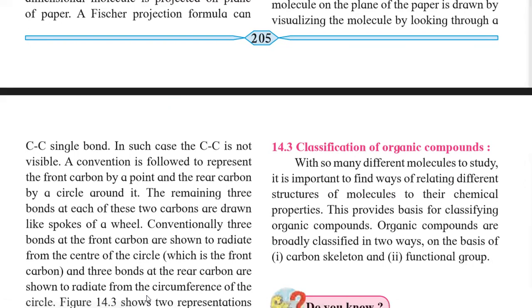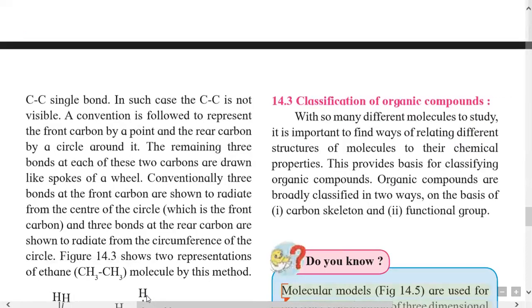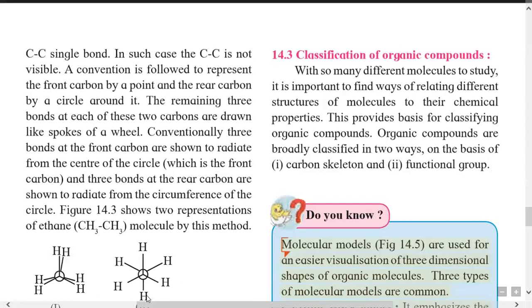The remaining three bonds at each of these two carbon atoms are drawn like the spokes of a wheel. Conventionally, the three bonds at the front carbon are shown to radiate from the center of the circle, and the three bonds from the circumference of the circle indicate the backside carbon.